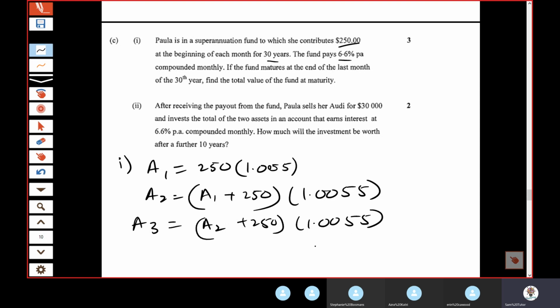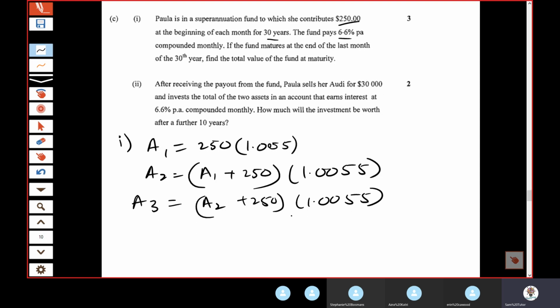Any questions at this stage? A2 would have been A1 times this plus 250. So 250 times 1.0055 squared plus 250 times 1.0055.